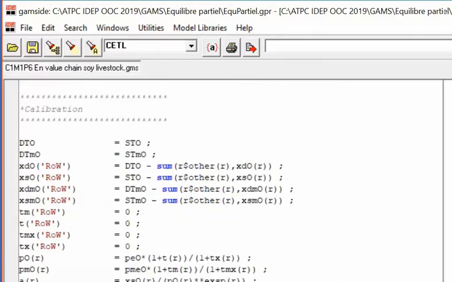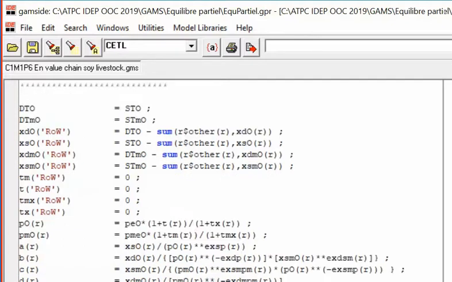The calibration is exactly the same structure as in the previous program, because it's just more complicated. It is longer because you've got 2 sectors. So for example you have calibrations of size parameters not only for demand and supply in the soy sector but also demand and supply in the meat sector, but you have exactly the same structure.